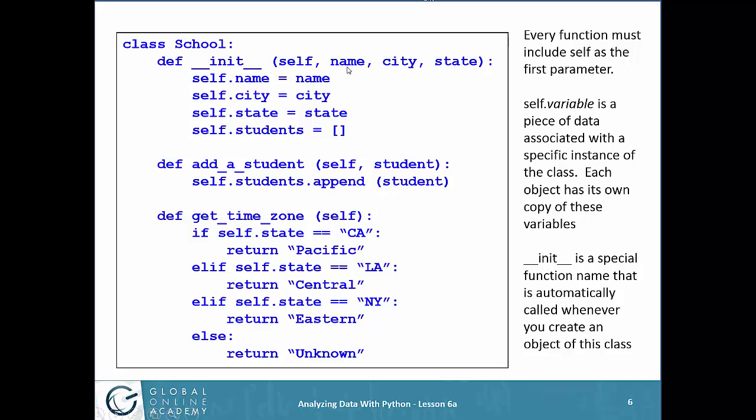And then these other parameters are things that you might want to pass in. So maybe I'd be doing self.name equals name. This name on the right-hand side is the parameter that's being passed in.